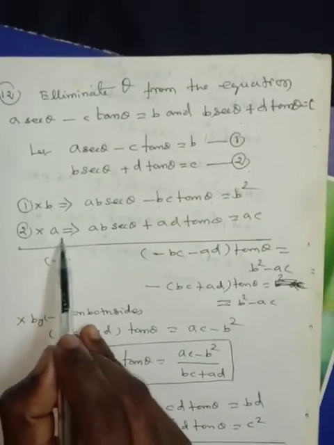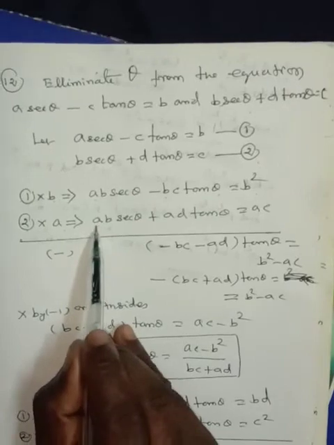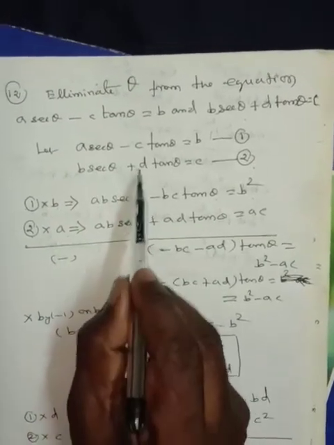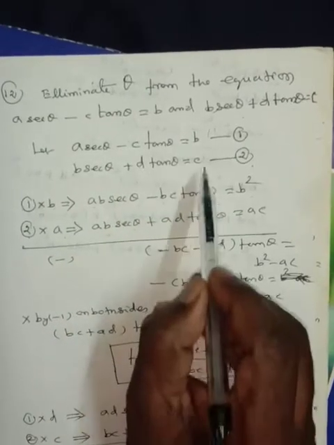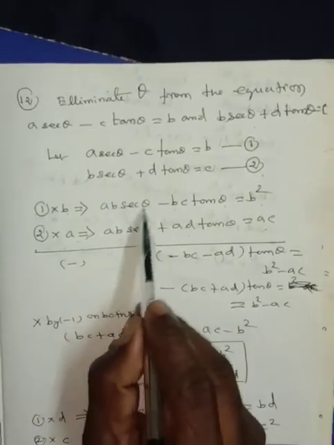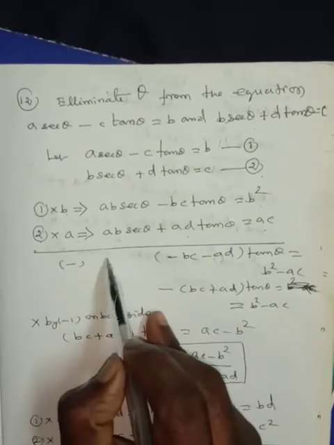Equation number 2 multiplied by a implies ab secant theta plus ad tan theta is equal to ac. Subtracting, we get ab secant theta cancel.